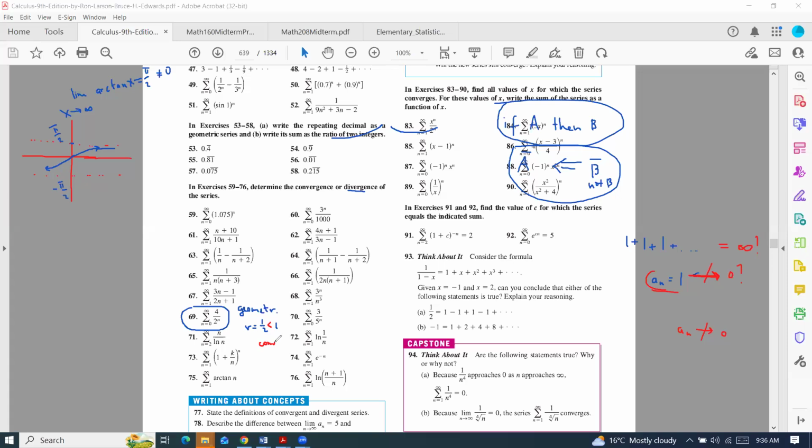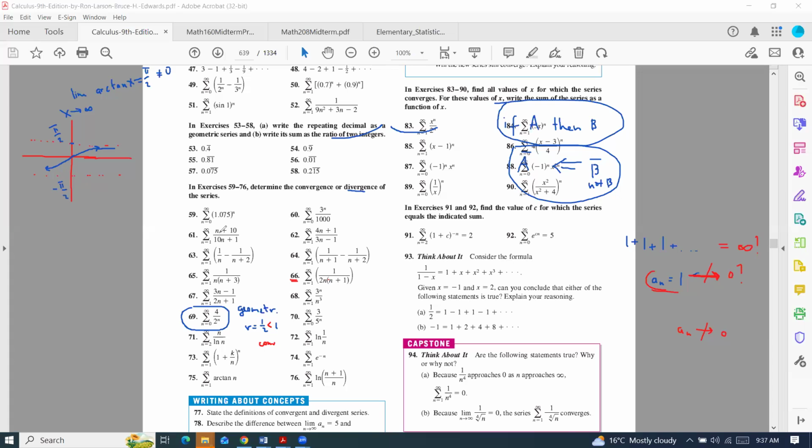Whenever your denominator starts to dominate, you have a suspicion of convergence, like 66, which is 1 over n squared. It's convergent, goes to 0. And so forth.